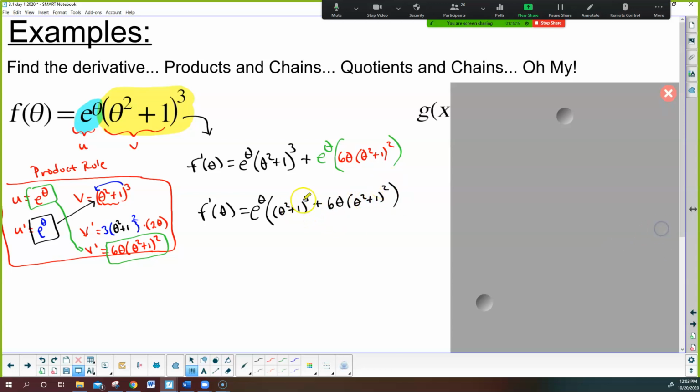And the squared and the third, yeah, I could factor out more. I could actually factor out a theta squared plus 1 squared from each one of these.